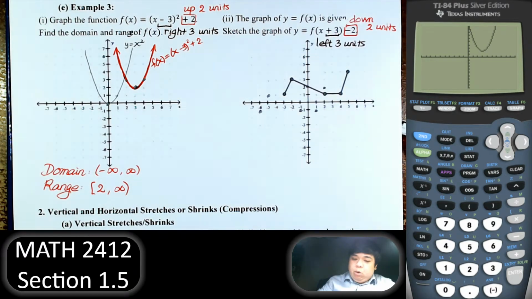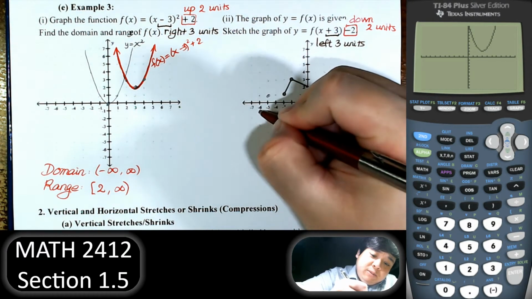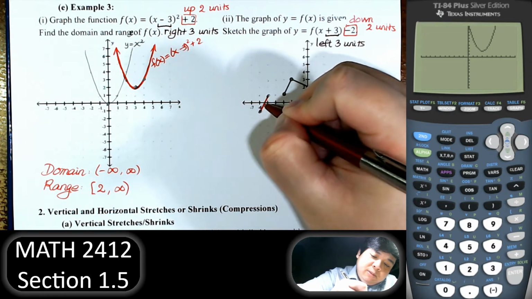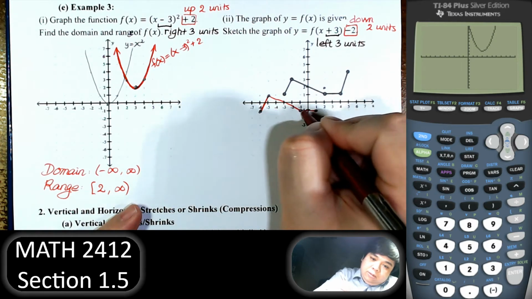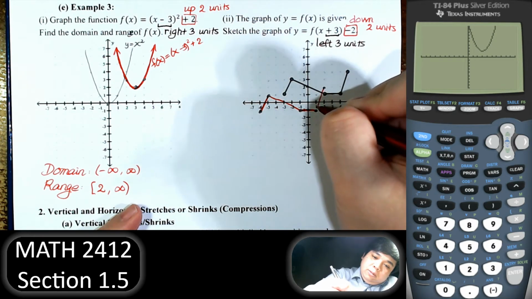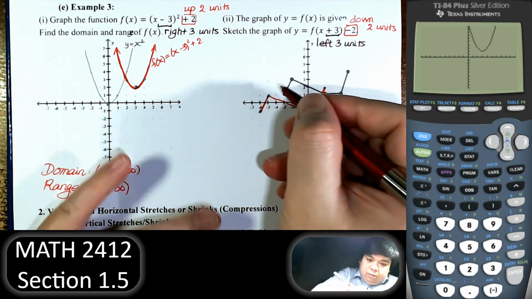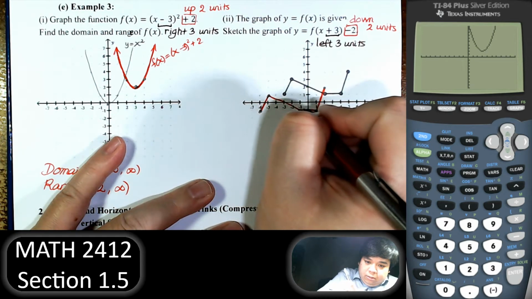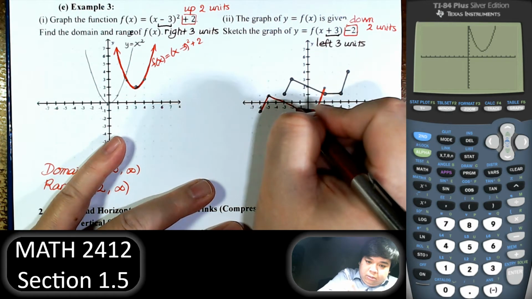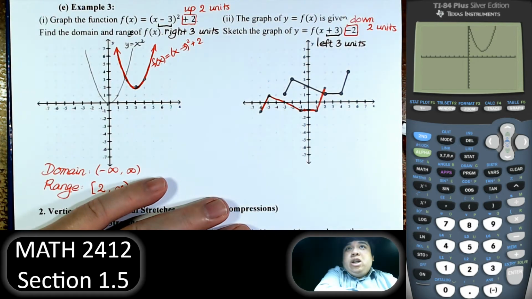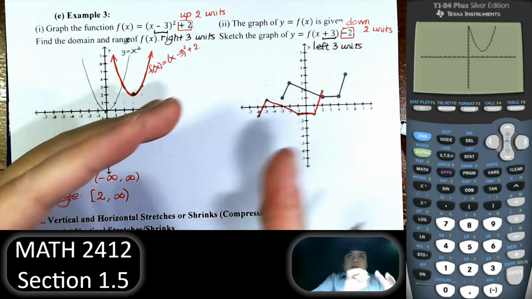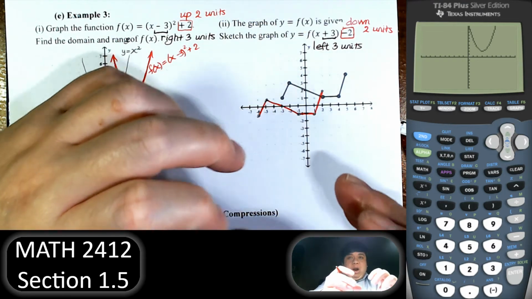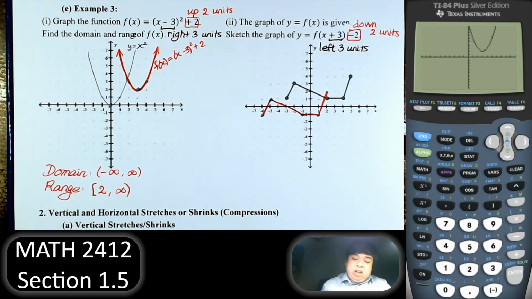Right, so we have those points. We just connect. As you see, the shape of the graph will stay the same. We just translate it, meaning the shape will not change. We just move the graph to a different place.